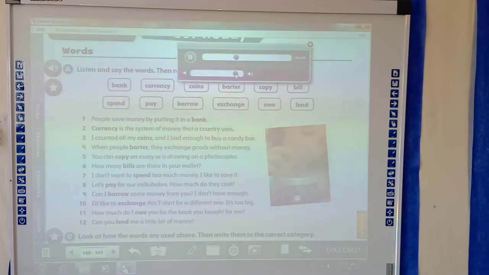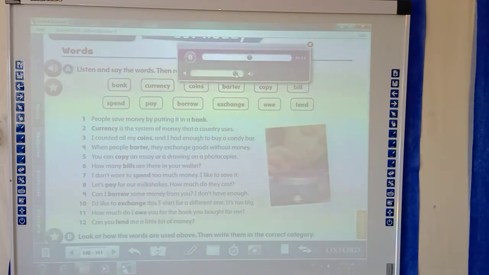One. People save money by putting it in a bank. Two. Currency is the system of money that a country uses. Three. I counted all my coins and I had enough to buy a candy bar. Four.